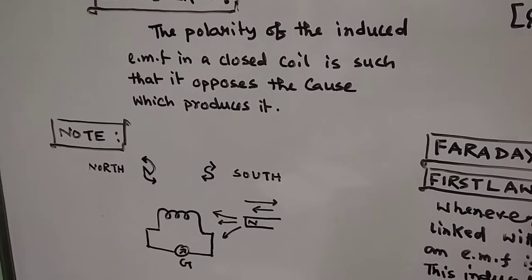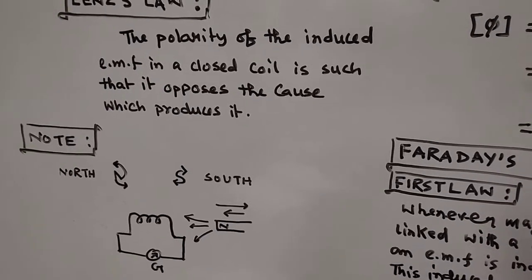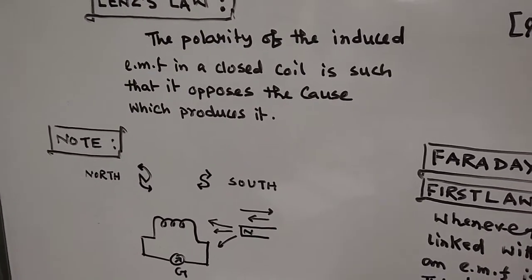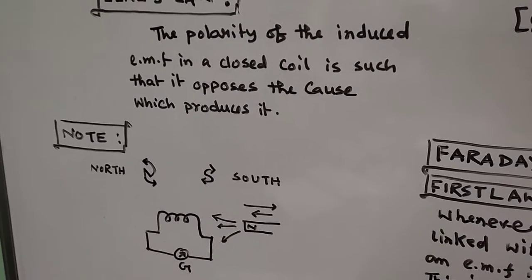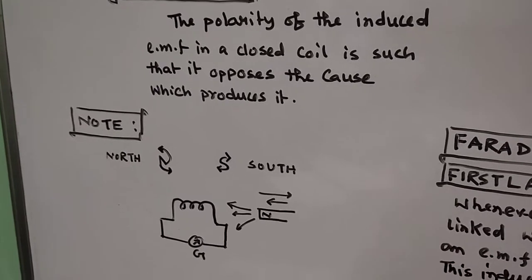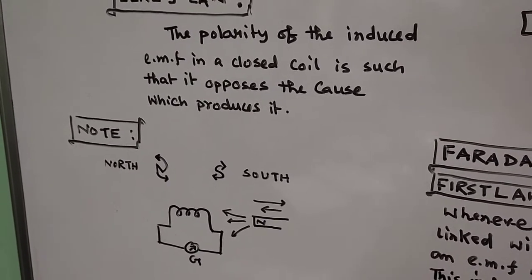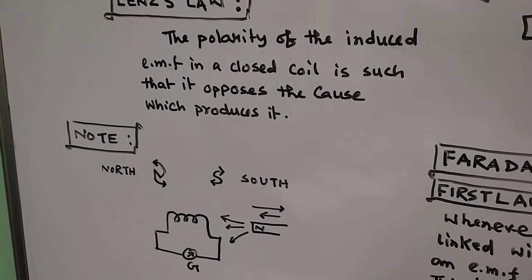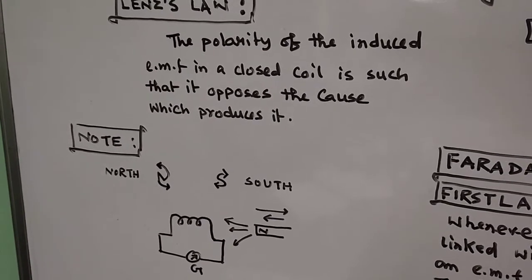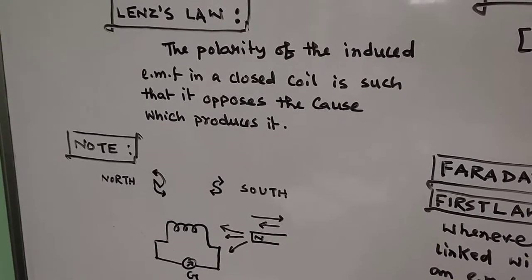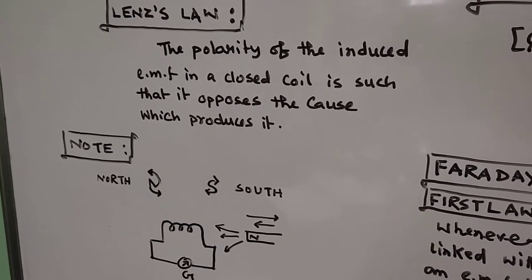So one time anti-clockwise, it becomes north when the north pole moves towards the coil, and when you take the north pole away from the coil, the direction of the current changes. Now it is clockwise, and the near face behaves as a south pole. So there is an attraction, and it will not let the bar magnet go away from the coil. So somehow it tries to decrease the variation. Variation decreasing means no induced EMF or no induced current will be there.